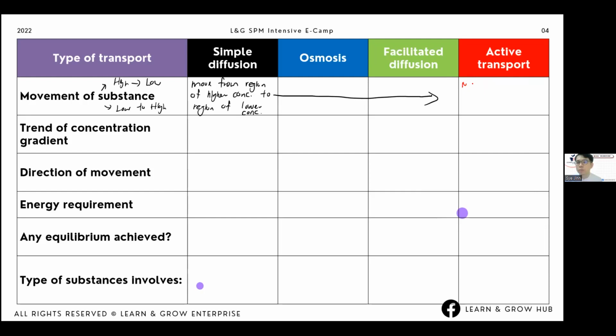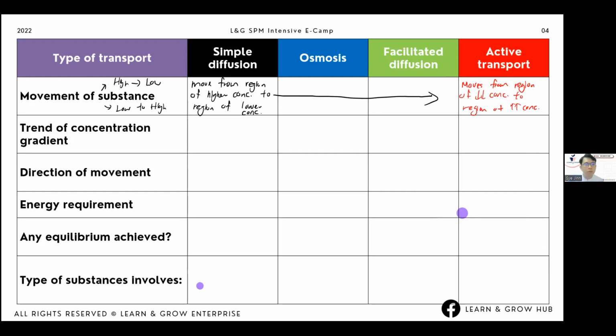So move from region of low concentration to region of high concentration. Yeah, very well done.